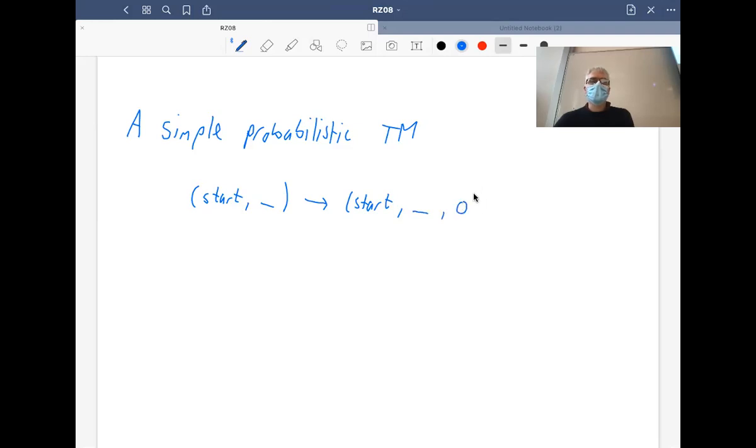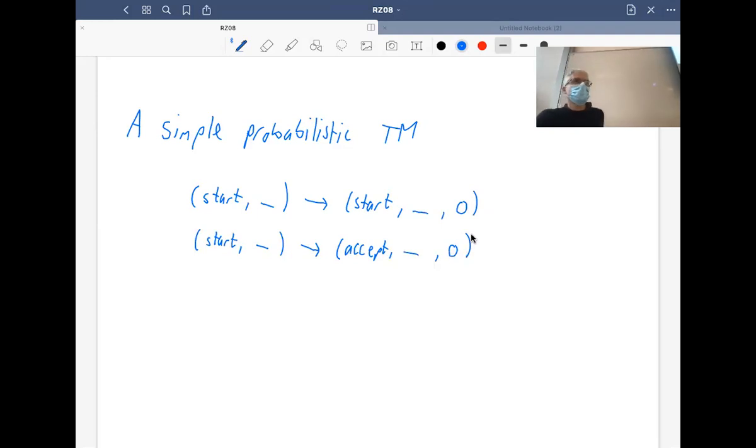So the 0 is the head position movement. And we're going to make it non-deterministic. So we'll give it two possible transitions. Also in state start, no matter what symbol it's looking at, we'll also allow it to go to accept, which is of course a halting state, with the same symbol, and also keep the head position there. So we've got two possible transitions.